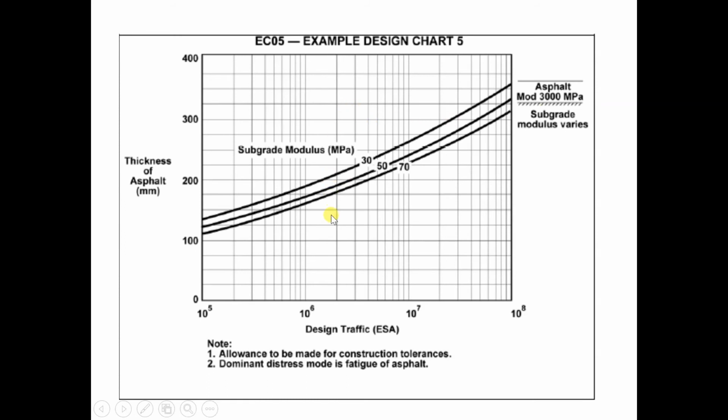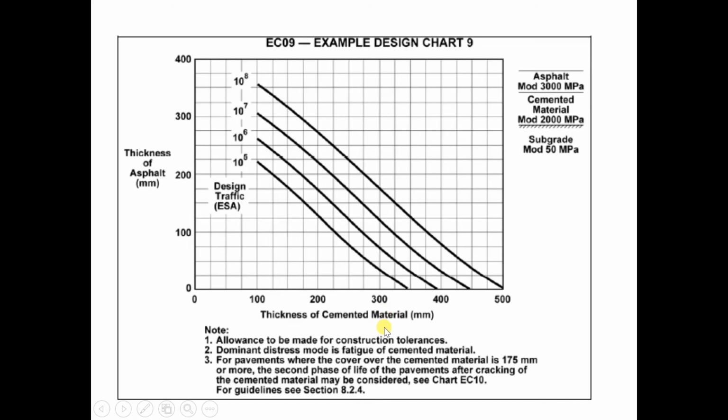and this is another design. You have the subgrade modulus, the thickness of asphalt, and the design traffic. They give different thicknesses for the cemented material, so you can compare. If you have cemented materials and then the asphalt, let's say your subgrade is 50 MPa, actually it's about 5%.